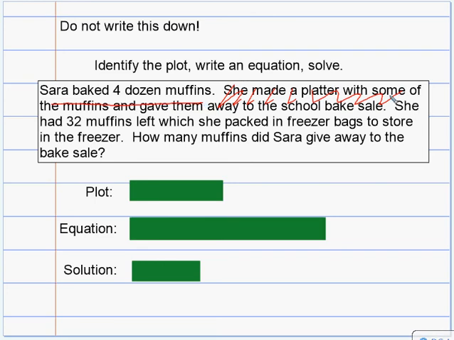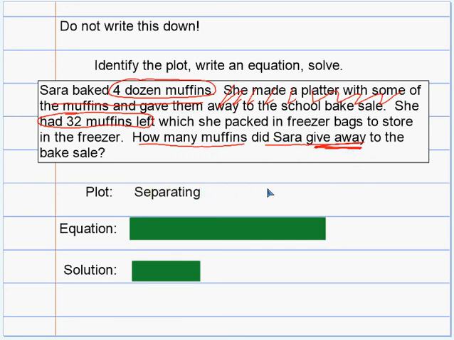If you wrote that down, which you didn't need to, you don't have to cross that out. This is the important information. She baked 4 dozen muffins. She had 32 muffins left. And you need to know how many she gave away. Okay, so this is a separating plot.